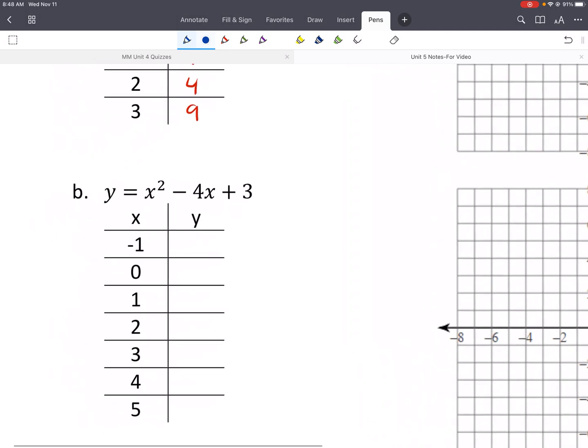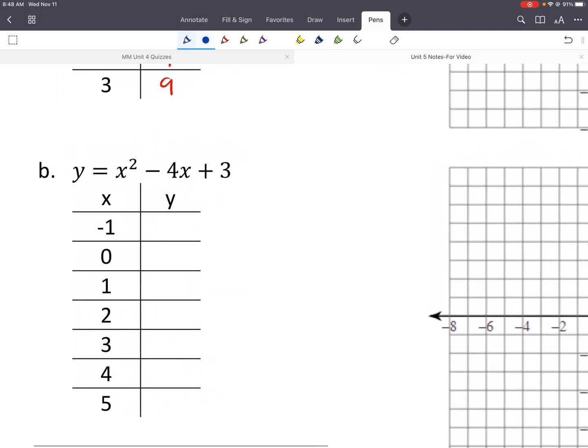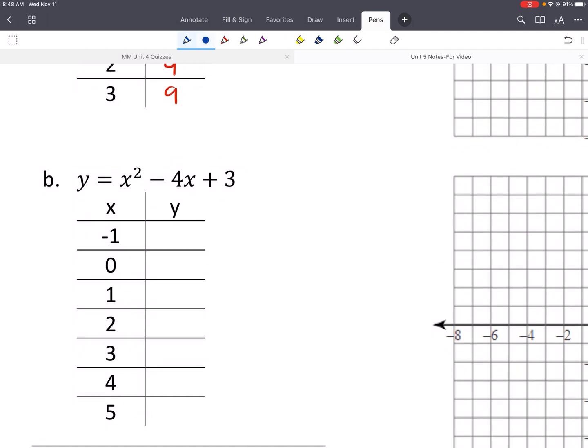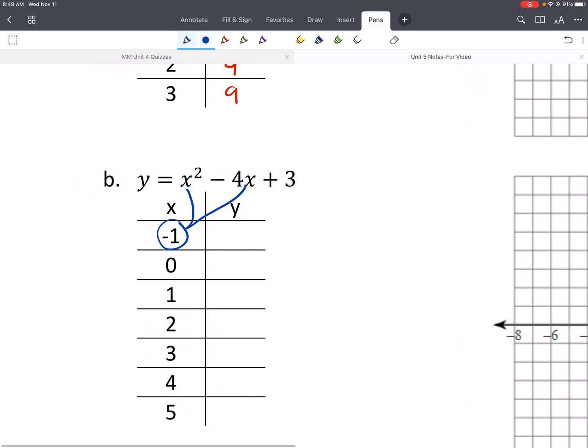But if we look at B, it's a little different. So here, if we wanted to plug in a -1, our equations get a little more difficult, and having to plug this into your calculator every single time would take you a while.